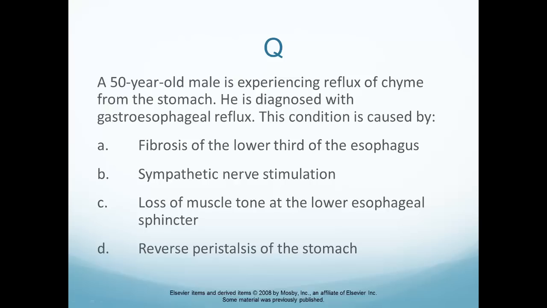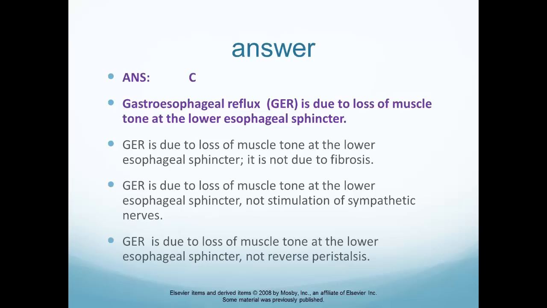Okay, here's another question. A 50-year-old male is experiencing reflux of chyme from the stomach. He is diagnosed with esophageal gastroreflux. This condition is caused by... All right, if you answered C, you are correct.